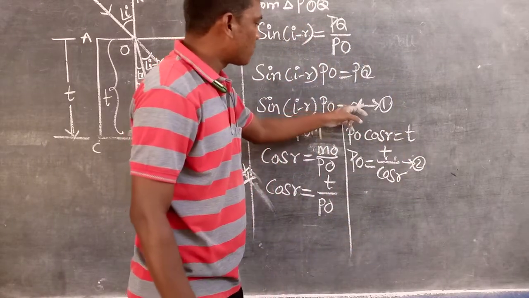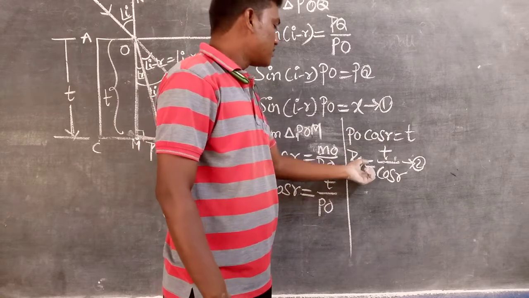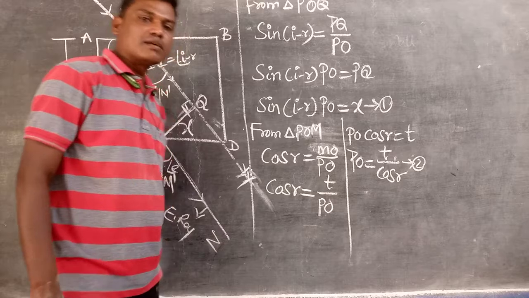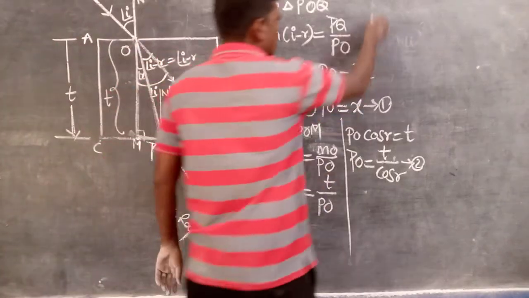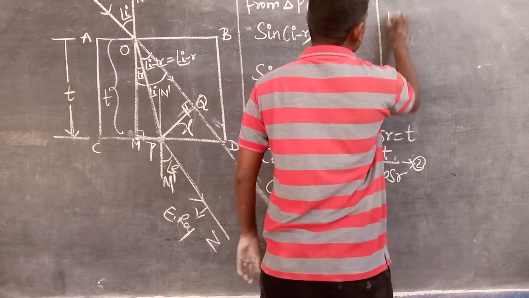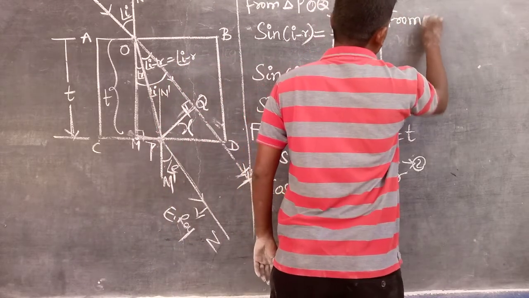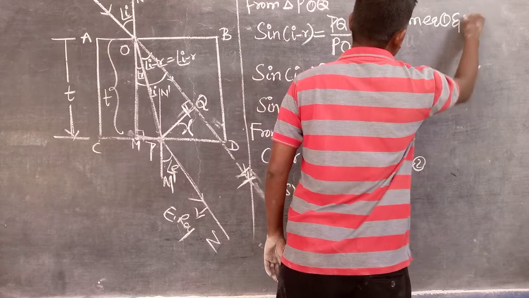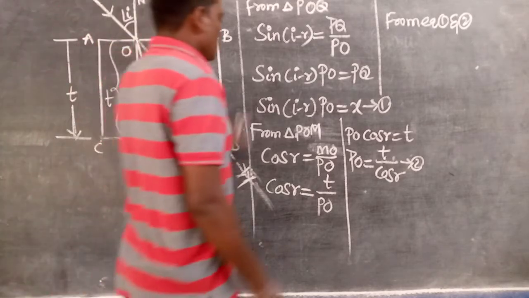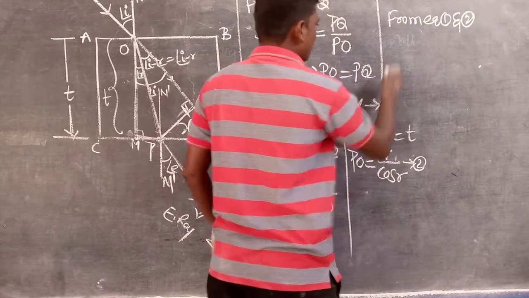So from equation 1 and equation 2, substitute this PO value in equation 1 in the place of PO. So what is the first equation?